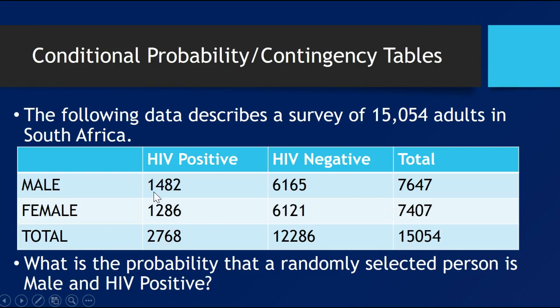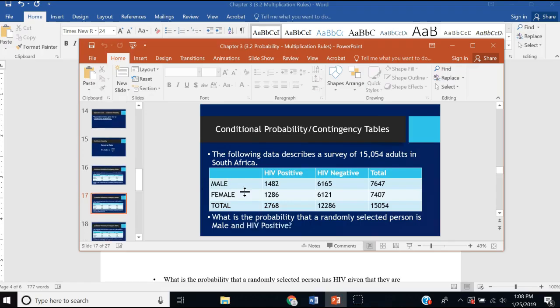Well, we see here that 1,482 people are both male and HIV positive. If we're picking out of the total group, that 1,482 is going to be divided by the total group size. Again, that's just classical probability.